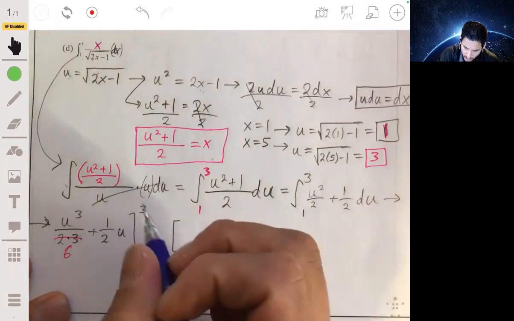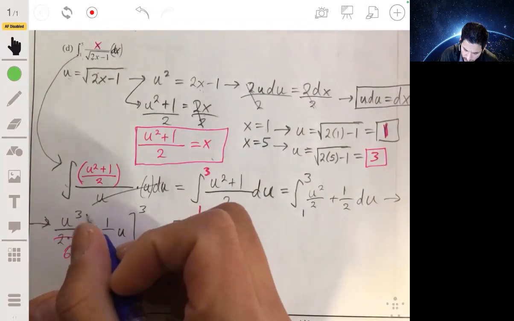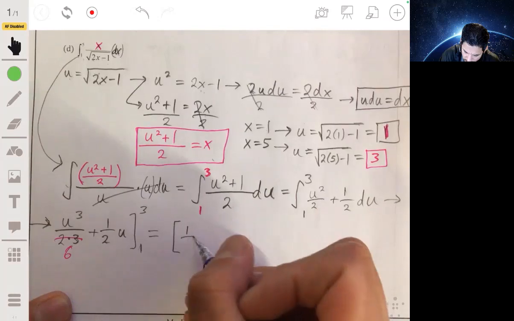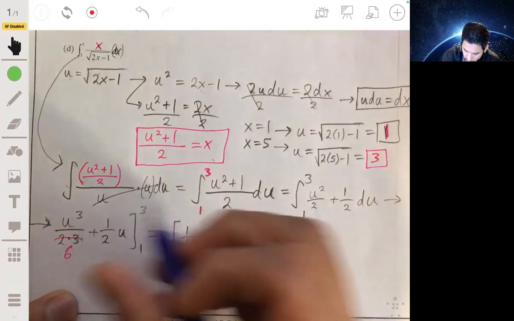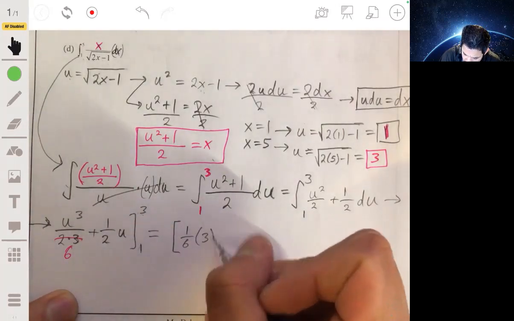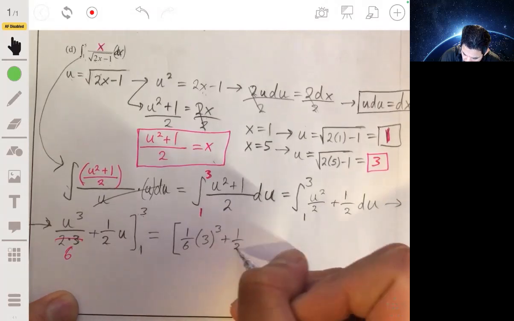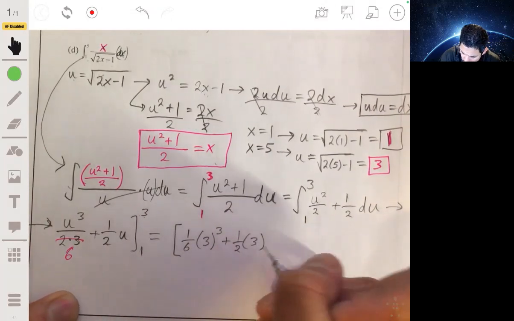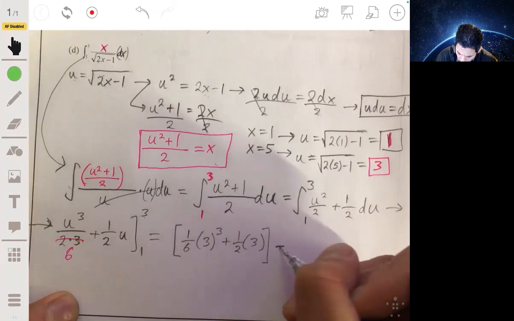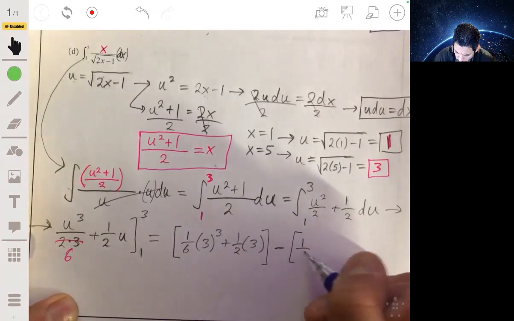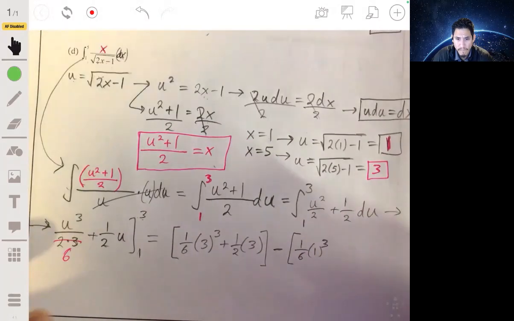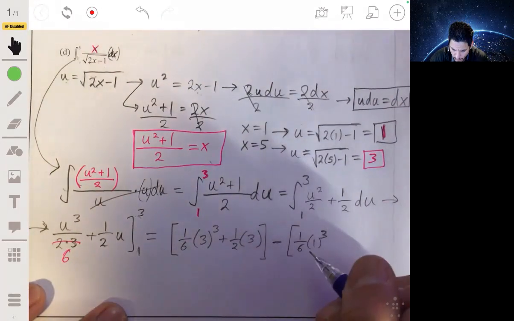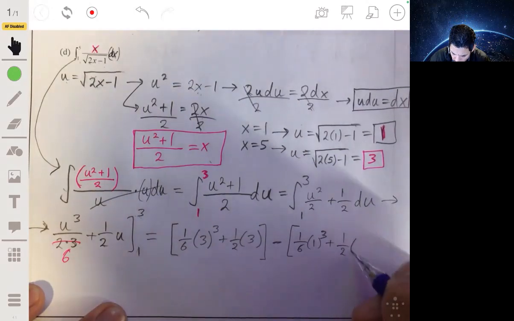So we're going to have u cubed over 6. Let's write this as 1/6 u cubed. And let's put the 3 in for the u. So 1/6 times 3 cubed plus 1/2 times 3, minus 1/6 times 1 cubed plus 1/2 times 1.